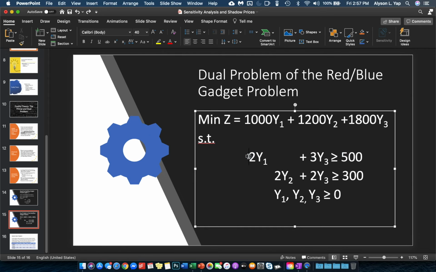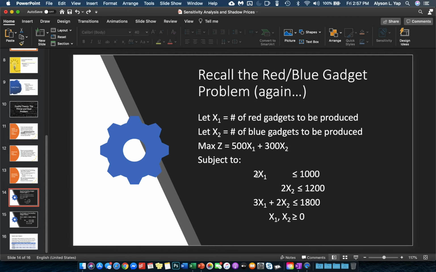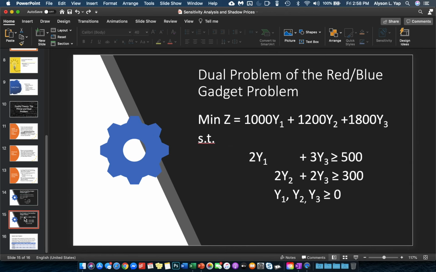If you remember the problem, what are the coefficients 2, 0, 3, and 500 relative to x1? If you look at the primal problem, 2, 0, 3 are in the first column, no? 2 is the amount of steel, 0 is the amount of wood, and 3 is the amount of labor for every unit of red gadget that ABC company wants to produce.